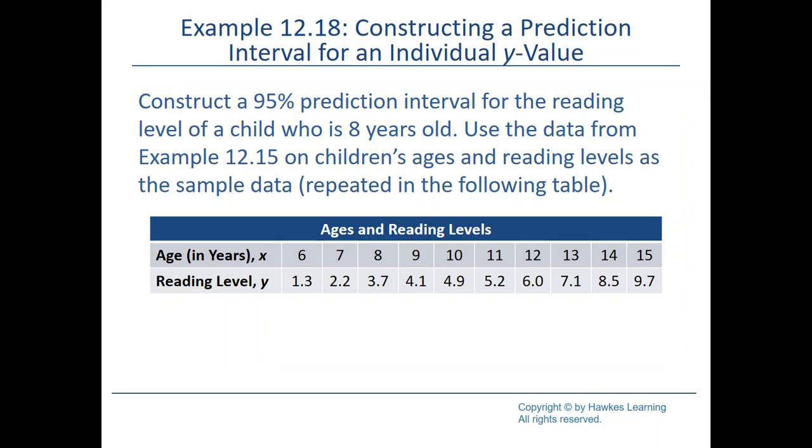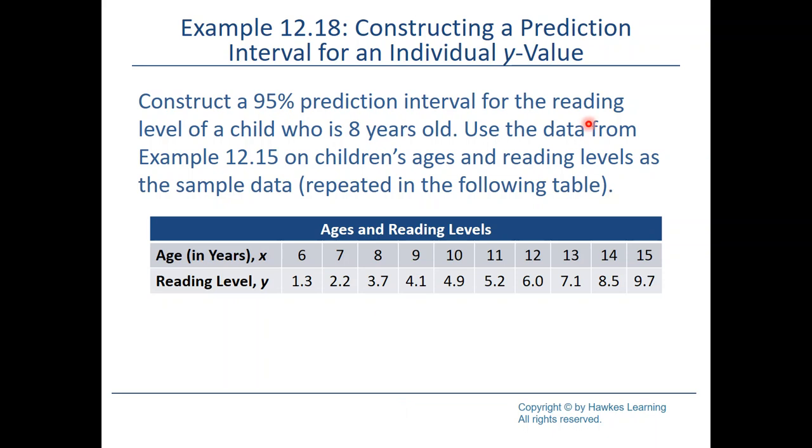So here we go, and I'm going to walk you through this. We're going to construct a 95% prediction interval for the reading level of a child who is 8 years old, whose data from this example of our children's ages is as follows.